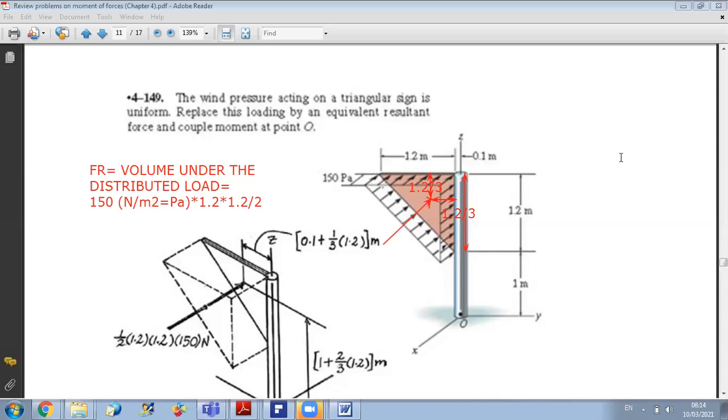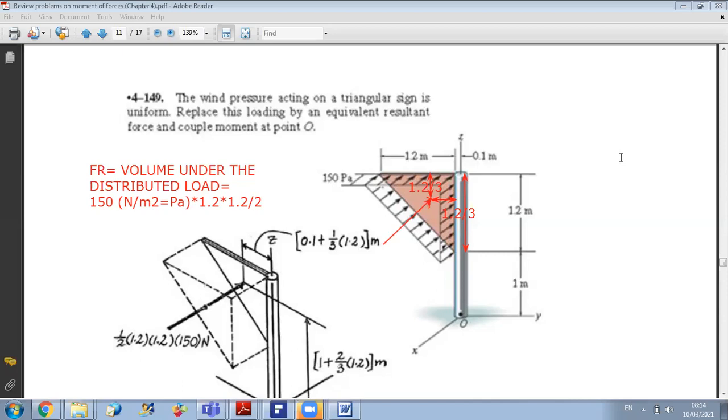They want me to replace the system by one force and one moment at point O. In general we do the inverse: we first reduce at a point, then we find the equivalent force.